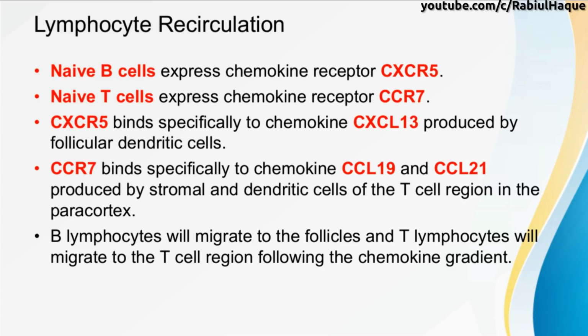So we can see that due to interaction between the chemokine receptors and the chemokines, B lymphocytes will tend to migrate to the follicles of the lymph node, and T lymphocytes will tend to migrate to the T cell region following the chemokine gradient.